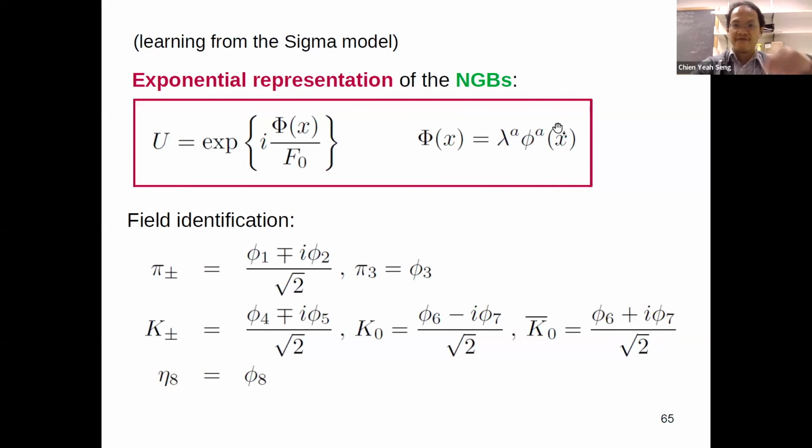And the phi^a can be identified with the meson octet: the pi plus, pi minus, and pi 3, the K plus and minus, the K0 and K0 bar, and the eta 8. Well, the pi 3 and eta 8 are, rigorously speaking, not the physical pi 0 and eta, but they are related to the pi 0 and eta, which we'll explain later.